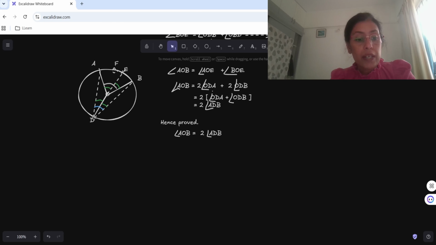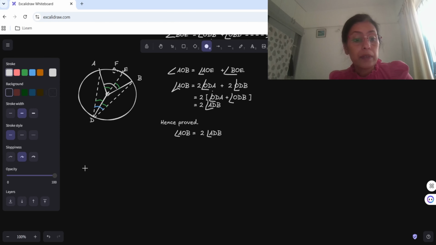Now this point D is at such a position that when I extend it to DE, this point E falls on the arc AFB. It falls on this arc, right? There can be another case where if I extend this line OD, it may not fall on the arc AFB. It may fall on an arc outside of this arc.